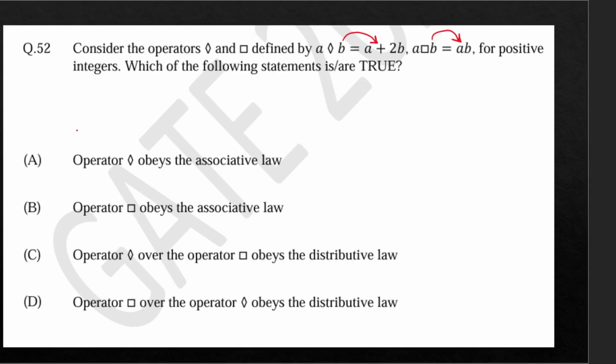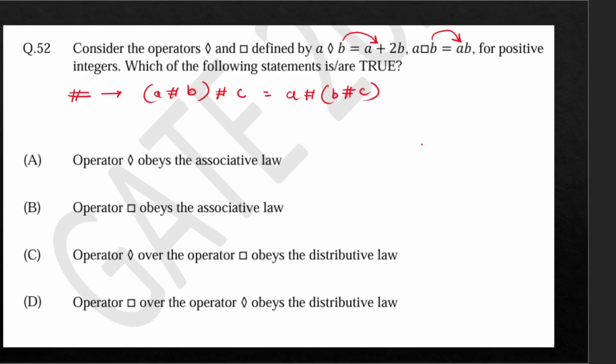Now you know that an operation, say hash, is said to be associative when (a hash b) hash c is equal to a hash (b hash c).